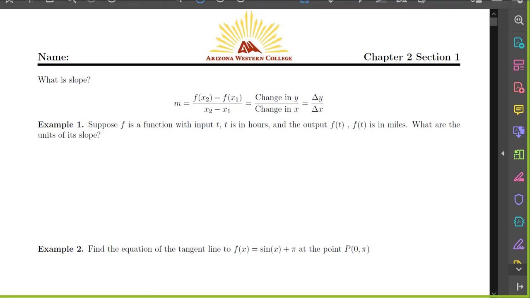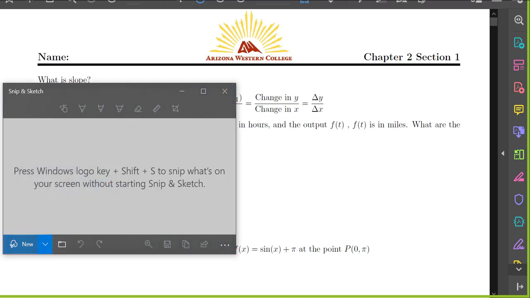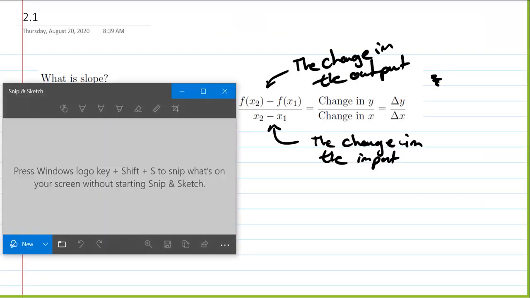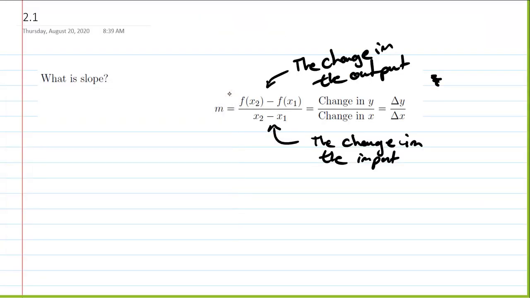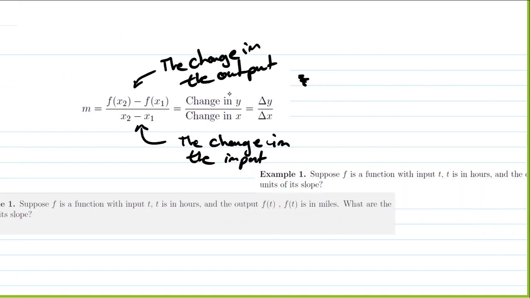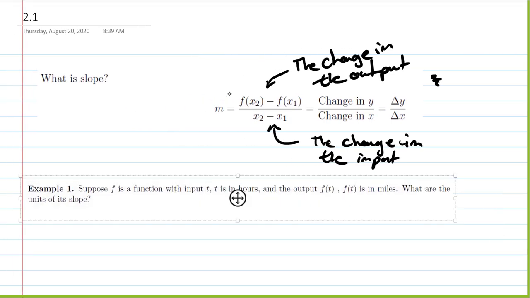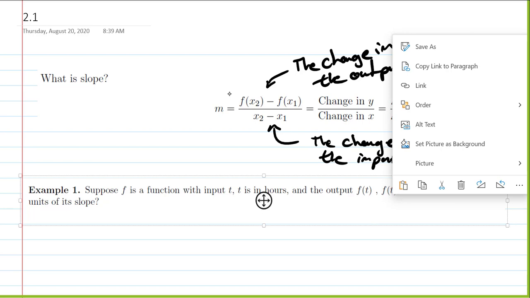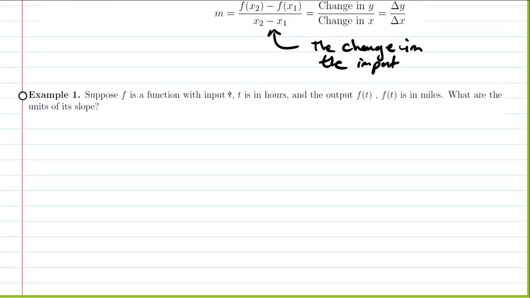So let's take a look at our first example. So suppose f is a function with input t, and t is in hours, and the output f of t is in miles. What are the units of its slope?